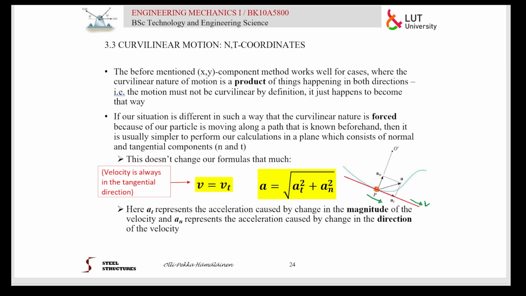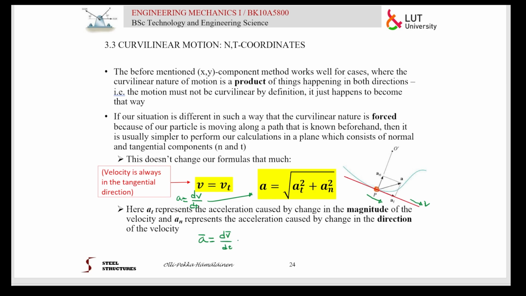But the acceleration is the derivative of velocity with respect to time. Why does acceleration have two components, tangential and normal? Well, because let's remember that we are taking the derivative of a vector, not of a scalar quantity.